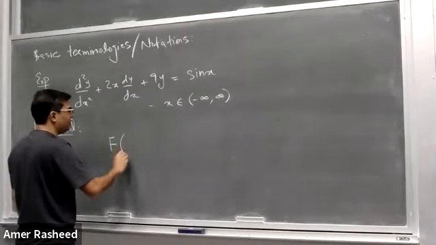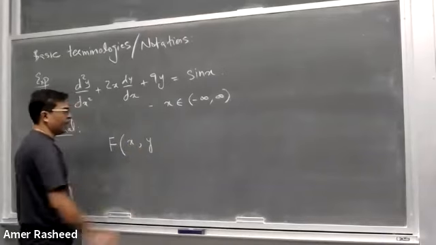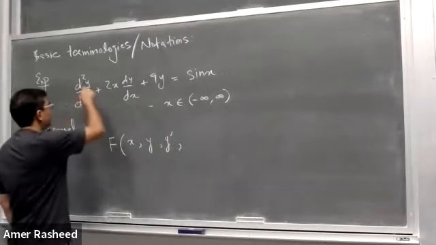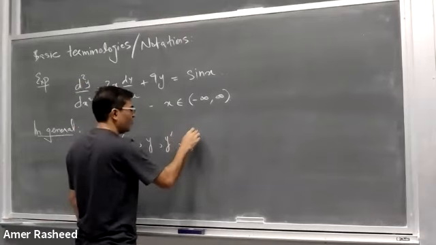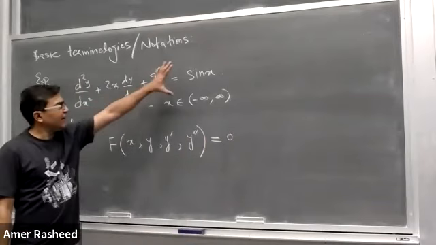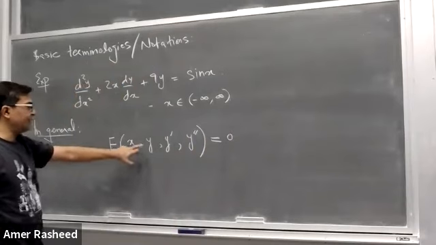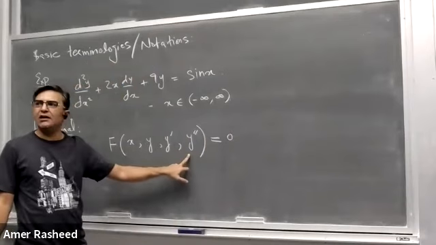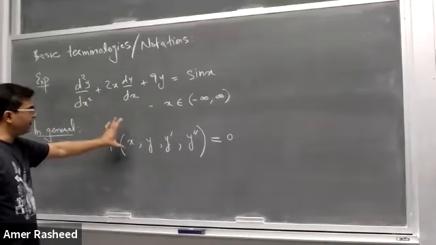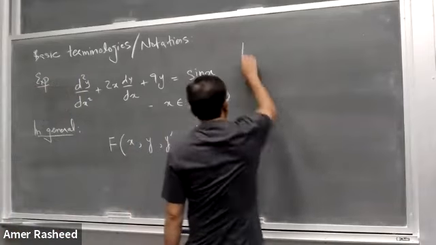It is a function of the independent variable x, the dependent variable y, its first derivative y dash, and its second derivative y double dash, and we put it equal to 0. So in general, this equation as a whole is a function of x, y, y dash, and y double dash. That is why we can put it in this form, f of x, y, y dash, y double dash.